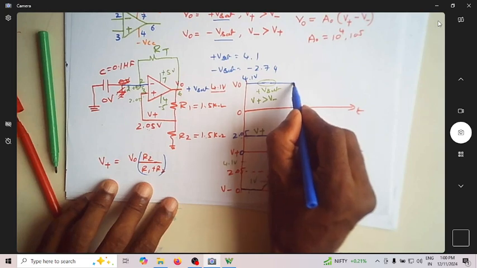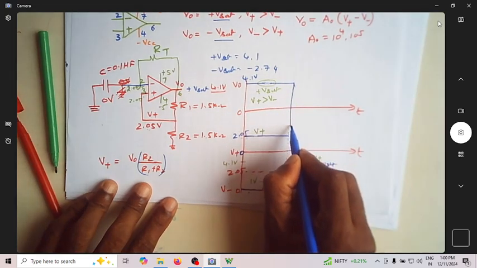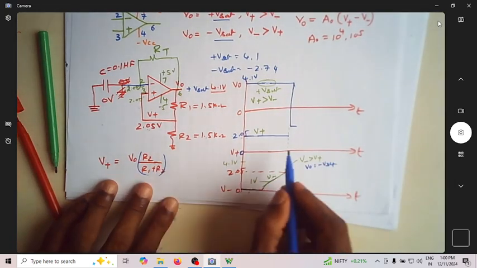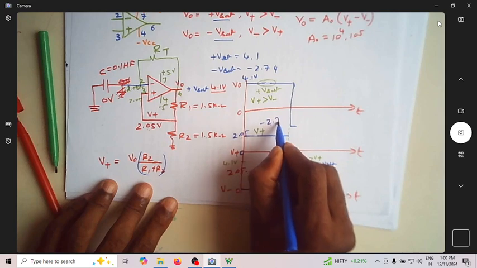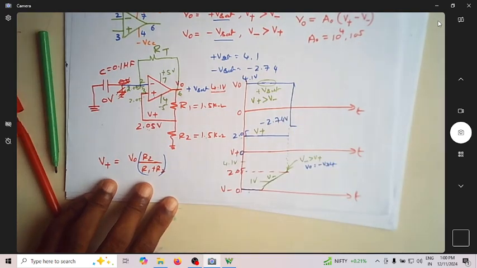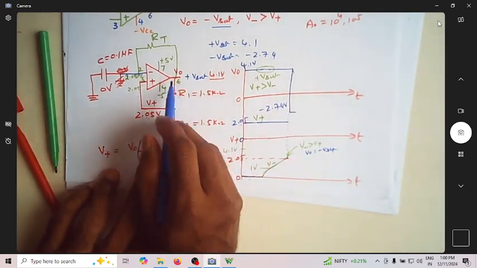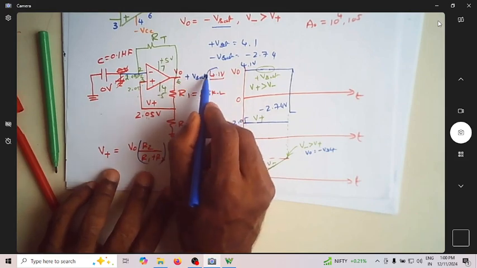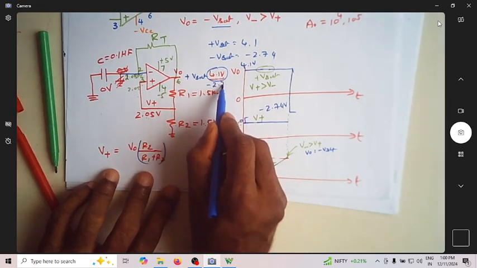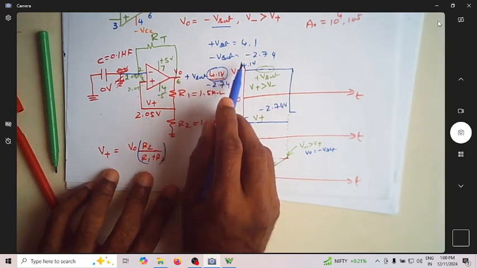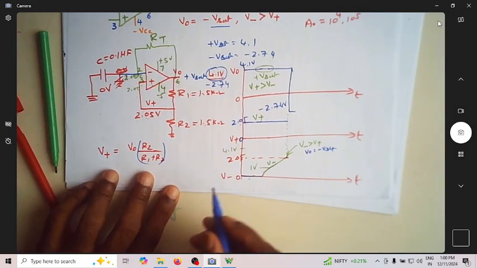This output voltage will change to minus V sat. So what is minus V sat? This will become minus 2.74 volt. So the voltage here has gone from 4.1 to minus 2.74. This minus 2.74 is minus V sat.